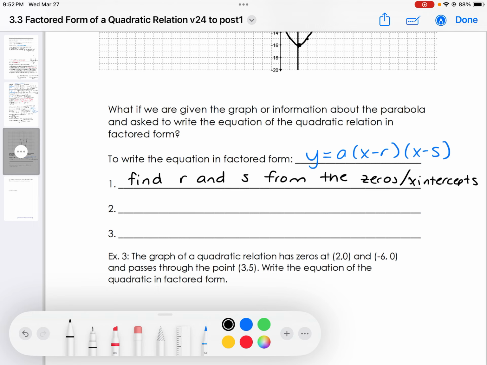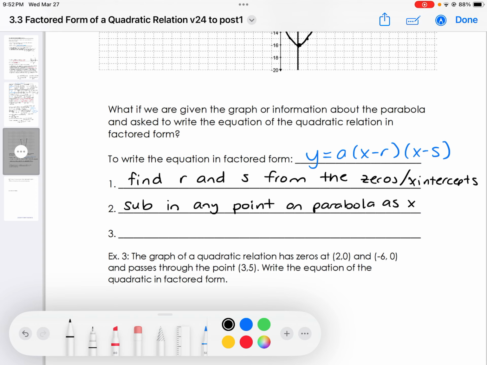And then, so if we have R and S, that's great, but we still have A. So you can use any point as the X and Y values.